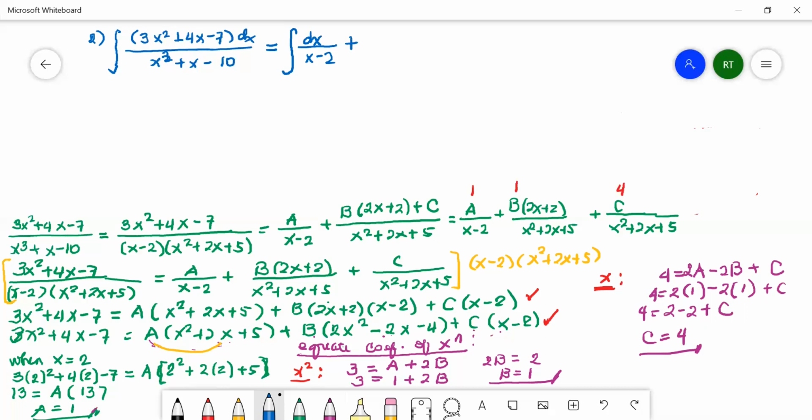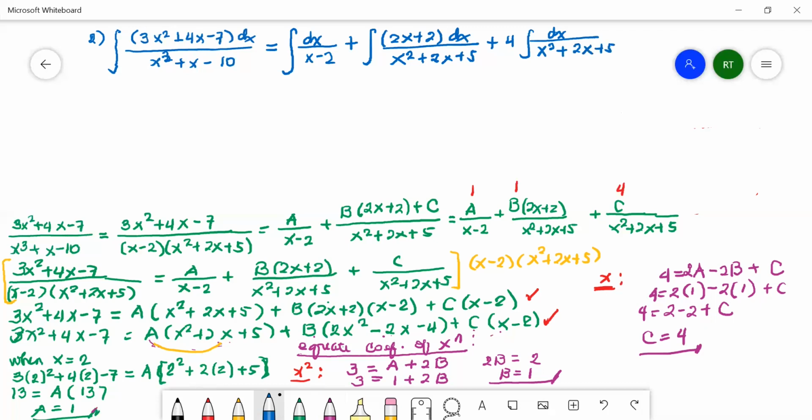Then plus b is also 1, so we will have integral of quantity 2x plus 2 times the differential of x over the quadratic factor x squared plus 2x plus 5. And c is equal to 4, so plus 4 times the integral of the differential of x over x squared plus 2x plus 5.